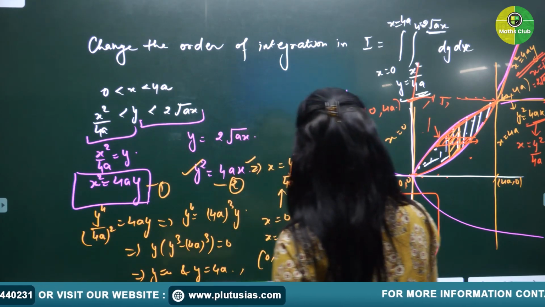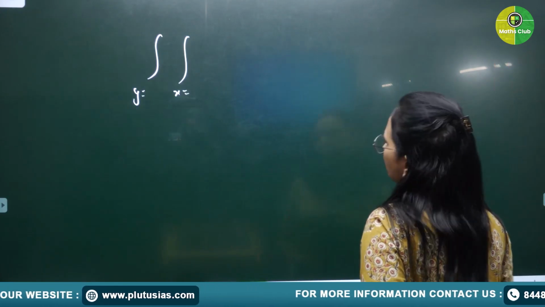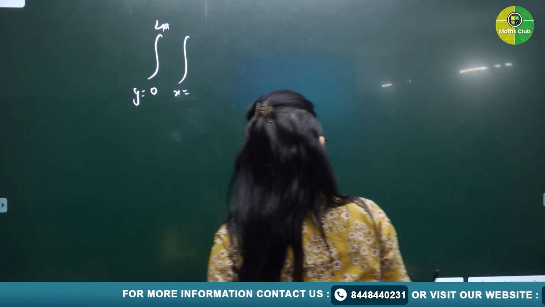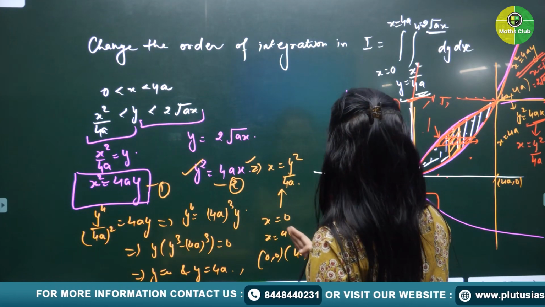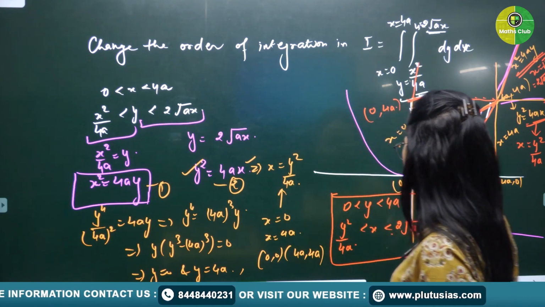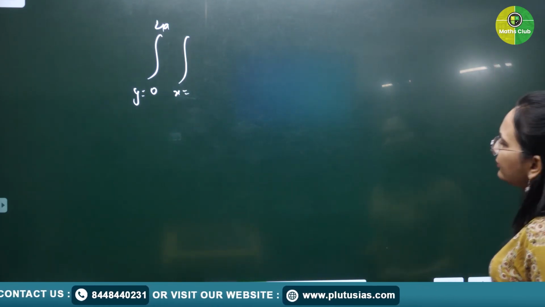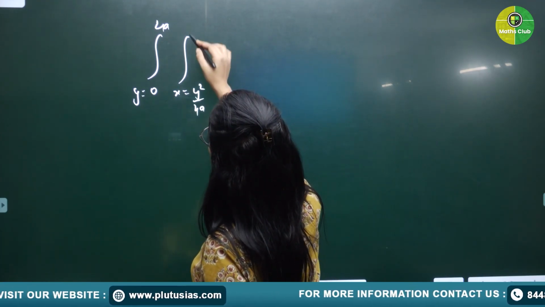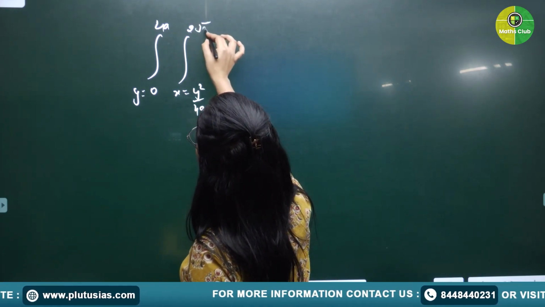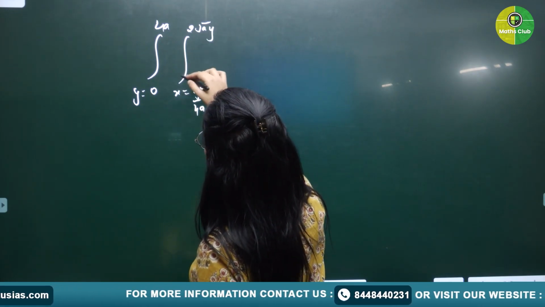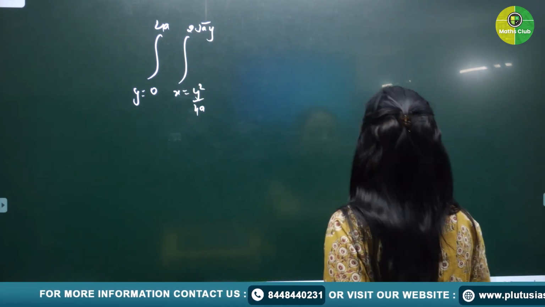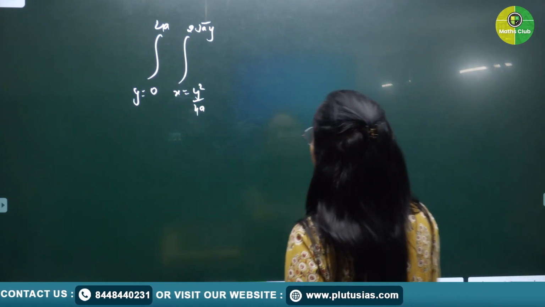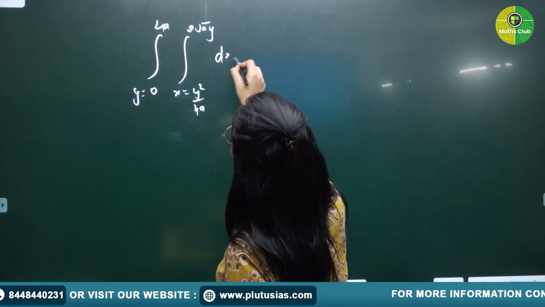Since y ranges from 0 to 4a, this would be 0 to 4a, and inside we have limits of x, which are from y square by 4a to 2 under root ay. Initially we were provided with dy dx, and now we have changed these limits, so it would become dx dy.